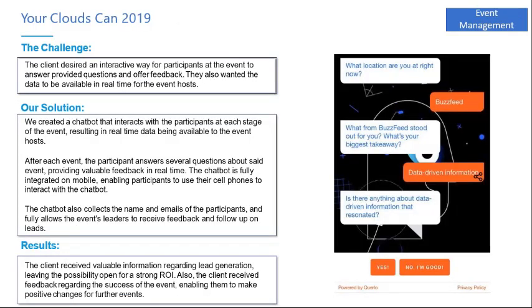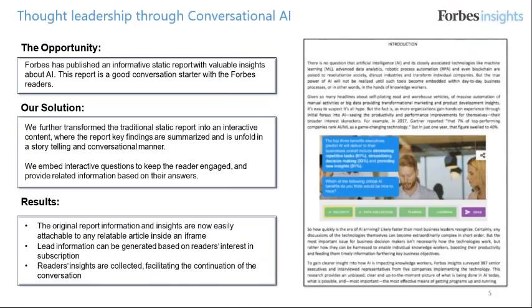We can scroll down because we have a lot of events. Okay, this is it. Scroll more, go to the next slides. Okay, so this is Forbes Insights. What we do is take reports on various matters that have been investigated or documented by Forbes, and we transform them into an interactive chatbot, which can be located almost as a banner or an interstitial unit inside an article or a report itself.